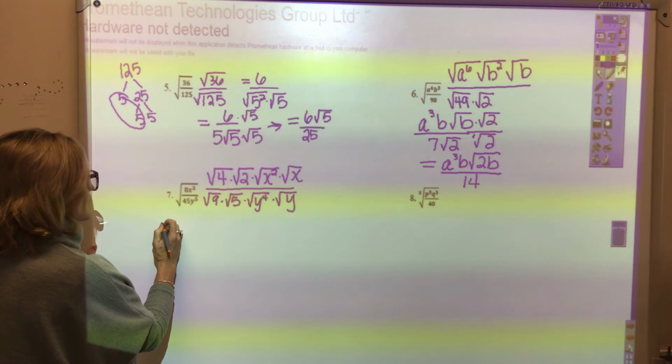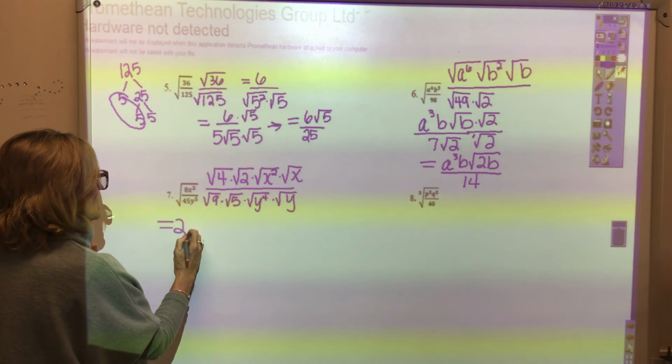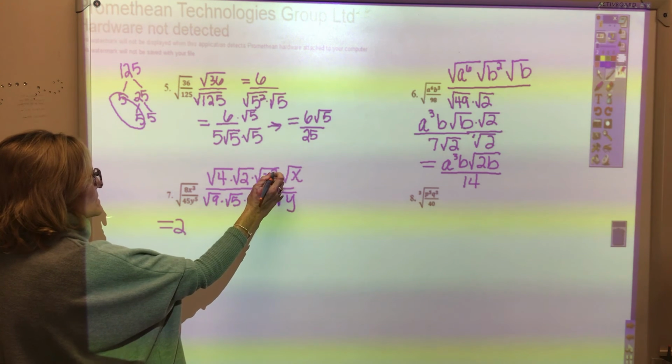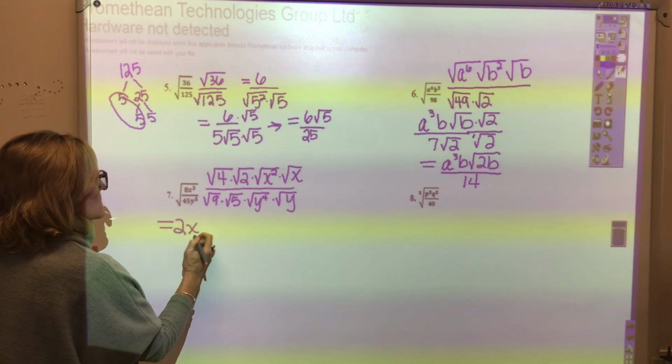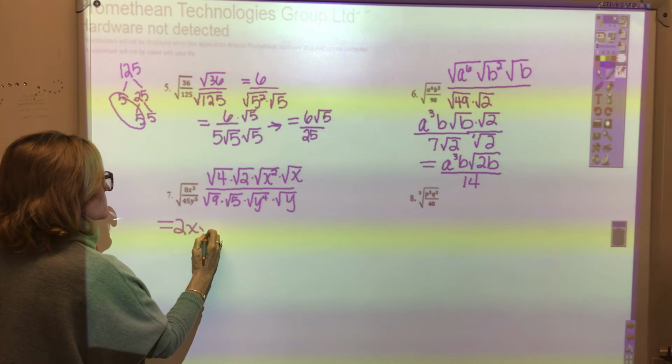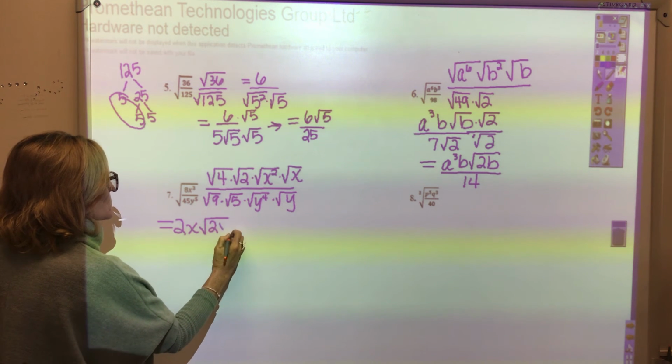So my numerator would simplify to 2, then x squared divided by 2 would be an x. So then I would have 2x square root of 2x.